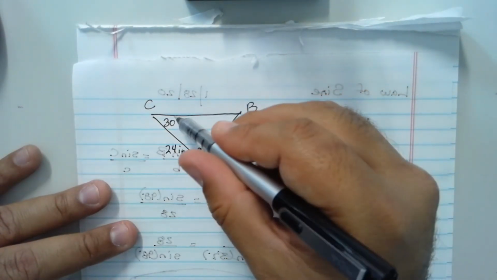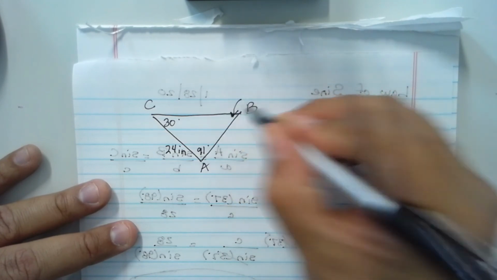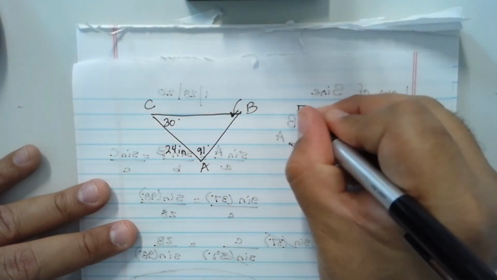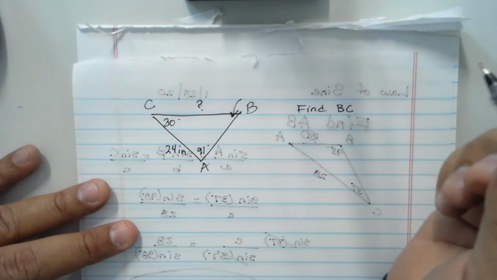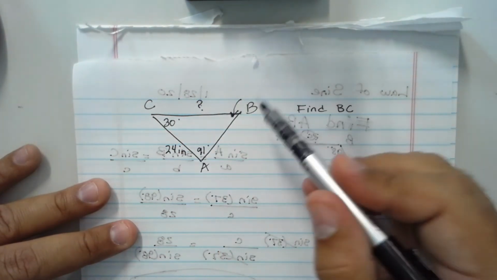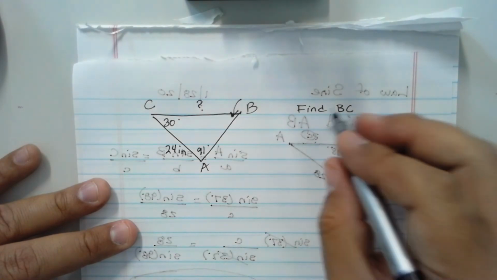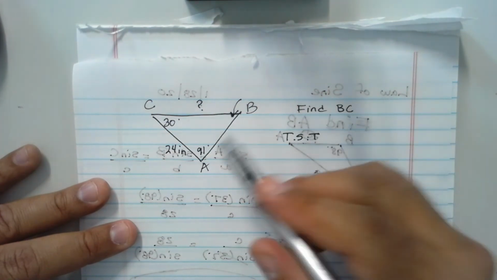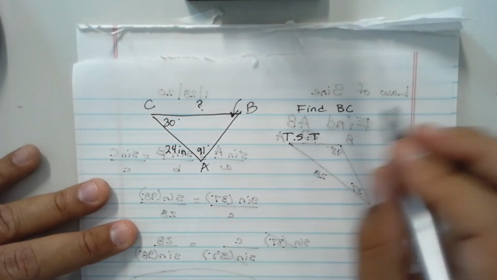In this case, we do need this angle over here, because we're trying to find BC. How do we find that angle? The triangle sum theorem. So what would it be? 180 minus 91 minus 30.